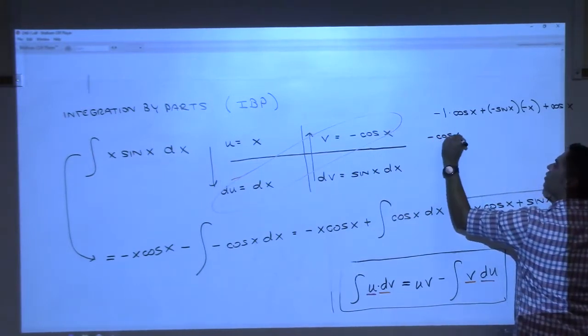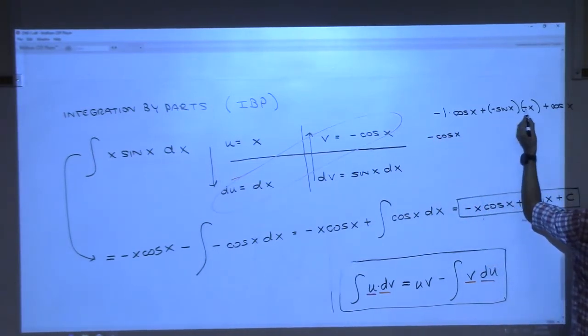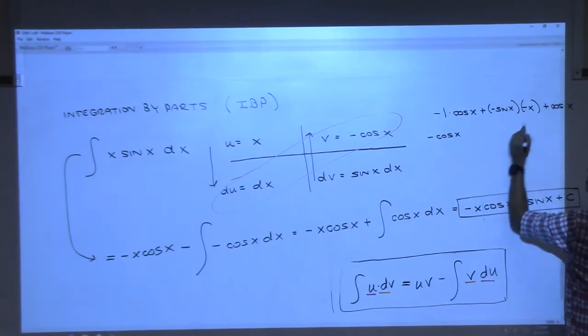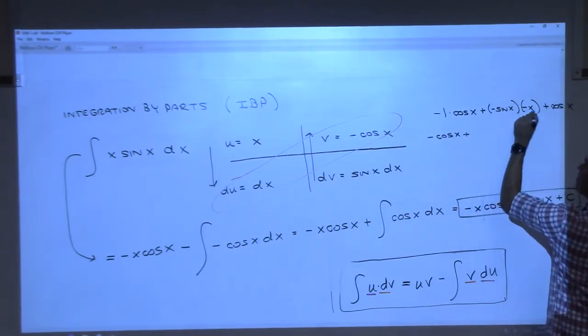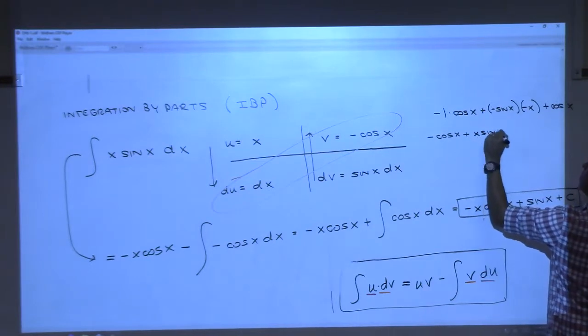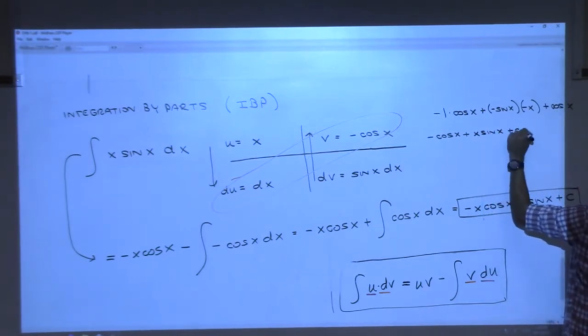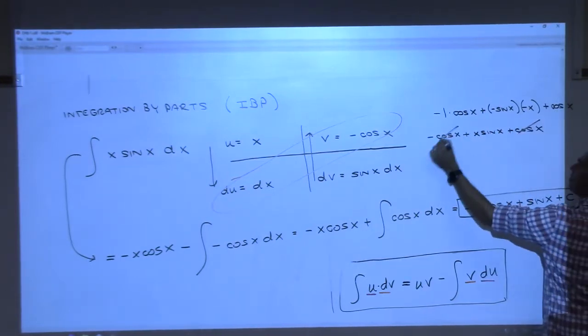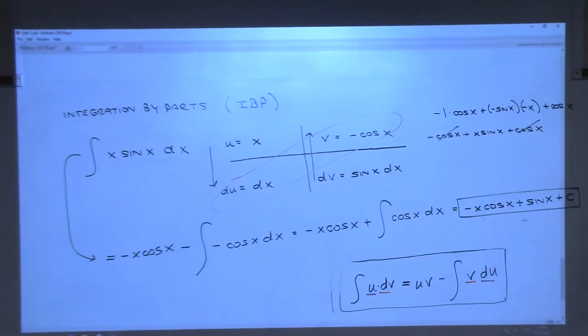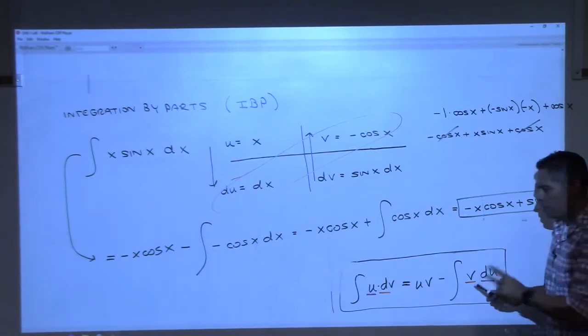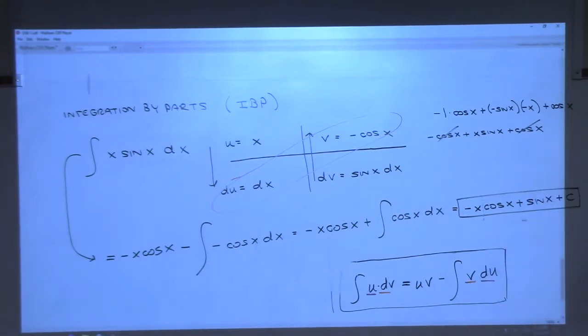Negative cosine x. Negative negative is plus, right? Plus sine x times x is x sine x. And then this is plus cosine x. And these cancel, and you get x sine x. What an incredible formula this is. It really does open up what we can do now, all right?